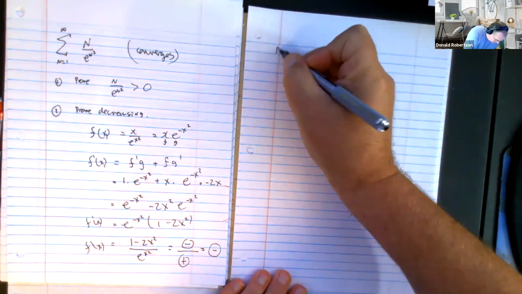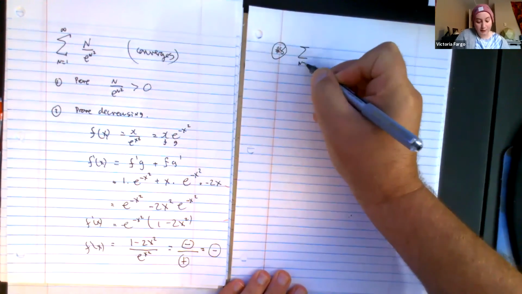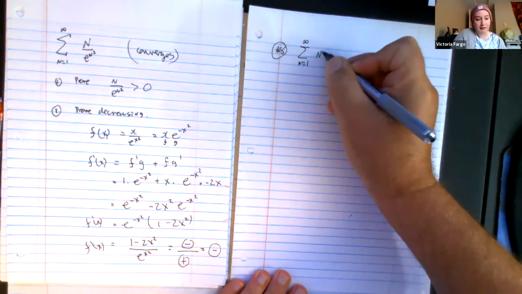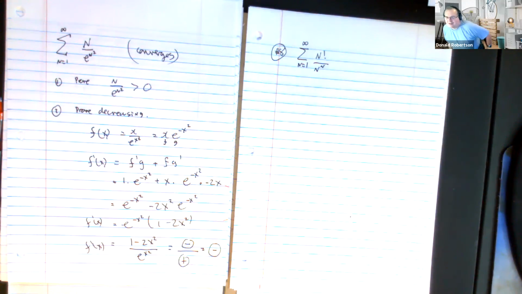So it's sigma infinity n equals 1, and it's n factorial over n to the n. Oh God, would you look at that, that's a cool question. You're going to use the ratio test on it? Okay.